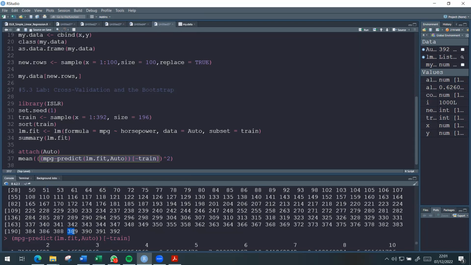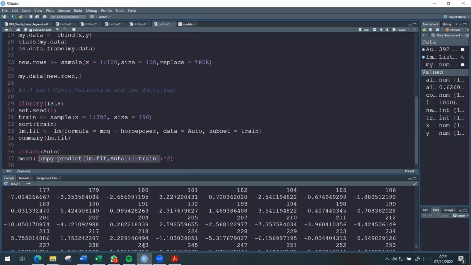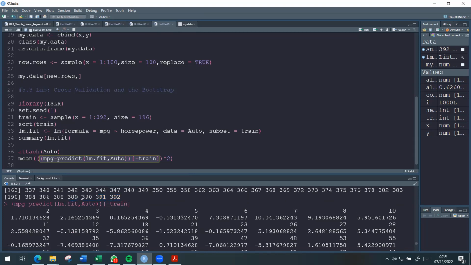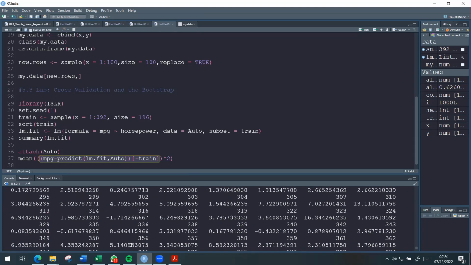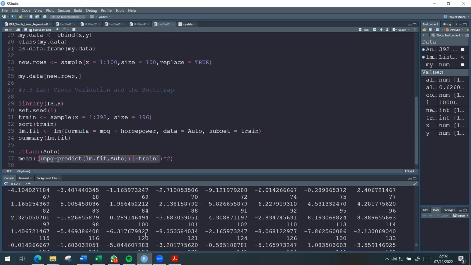So for example, over here, it's going to exclude the 389, the 390. No, okay, but why does it have 390 over here? And why does 390 appear over here as well? That's strange.